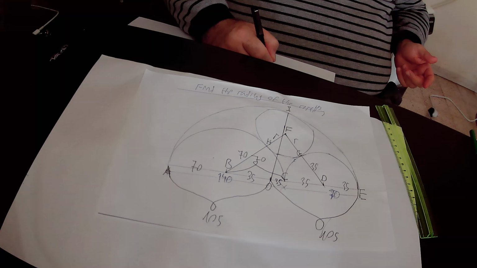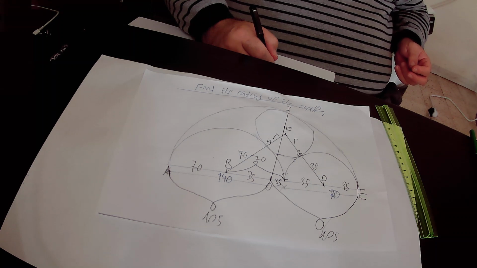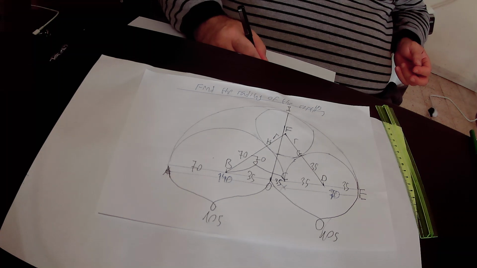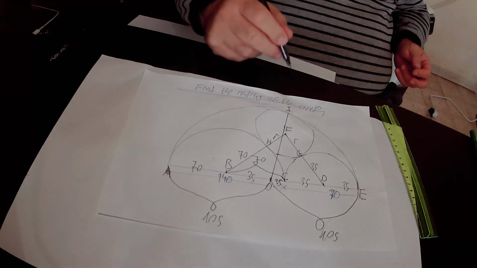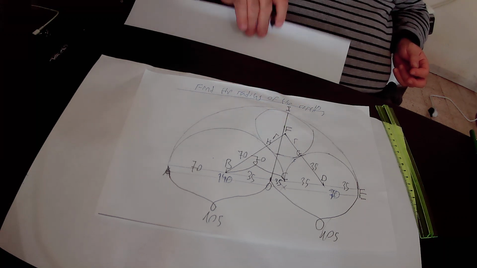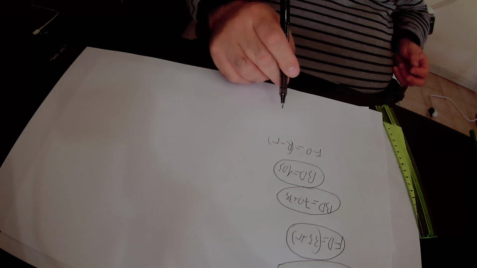And according to rule number 11, the distance between their centers equals the difference between their radii. The radius of the biggest semicircle is equal to capital R. The radius of this circle is small r. So in conclusion, the distance FO between their centers equals capital R minus small r.